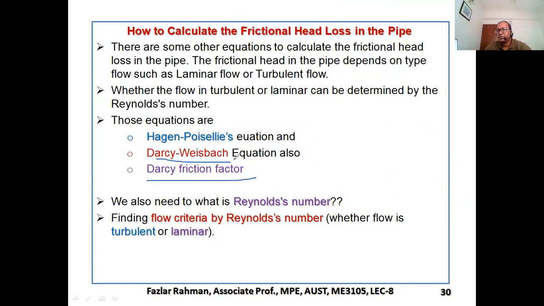He derived an equation. For example, hL, that means frictional loss, equals f L V squared divided by 2 g D. D is the diameter of the pipe, V is the velocity of the fluid inside the pipe, L is the length of the pipe, and f is the friction factor. This friction factor depends on the type of material of the pipe: is it plastic, a glass tube, or cast iron?